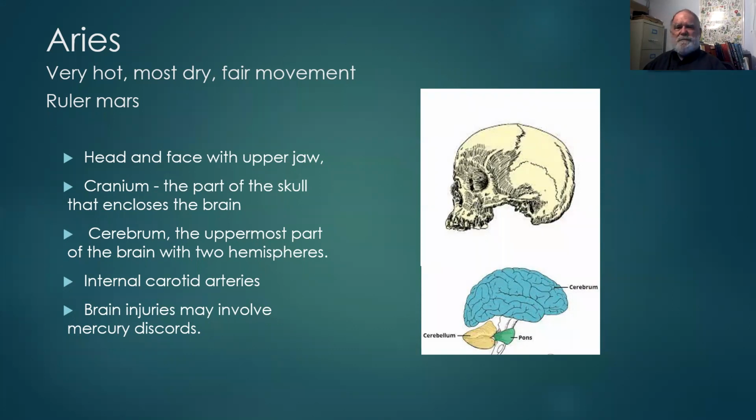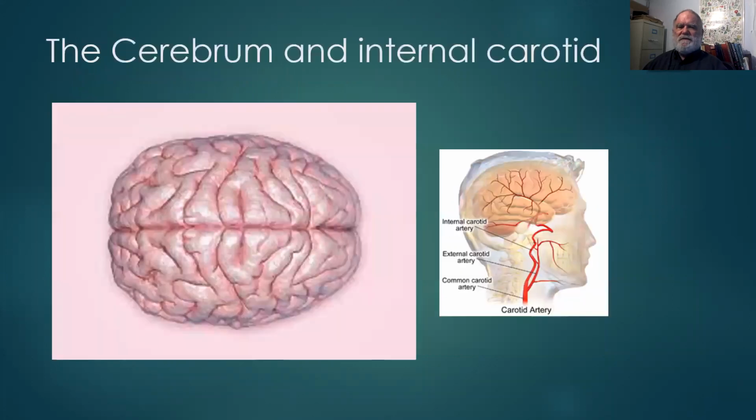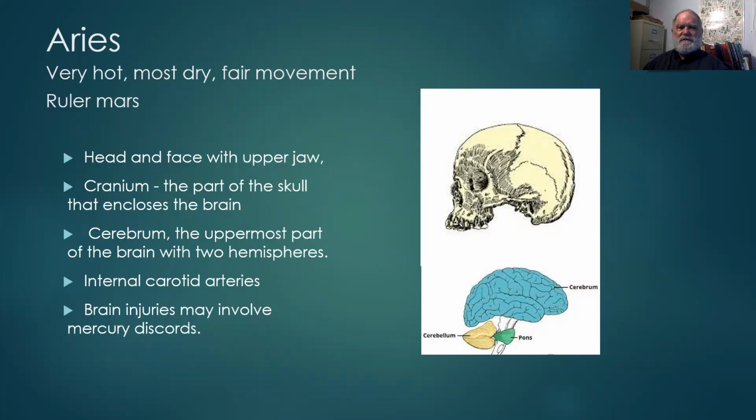The cerebrum is the uppermost part of the brain. This is the part of the brain up here, and it has two hemispheres. That's the thing you see in zombie movies. So that's the brain, the cerebrum.